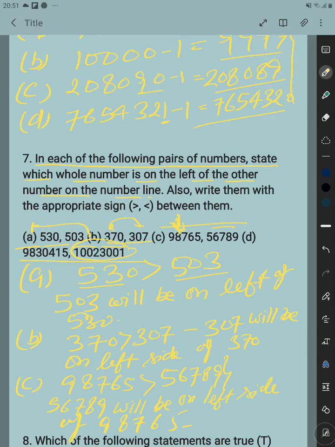So we need to write it like this: 1002301 is greater than 9830415. Actually we don't have space here to write, that's why we are writing like this. You need to write at part D here and solve it accordingly. So I think you got the point, and you will be able to write the answer here.